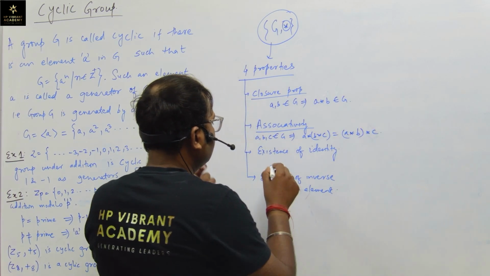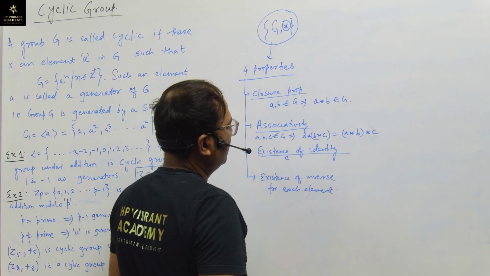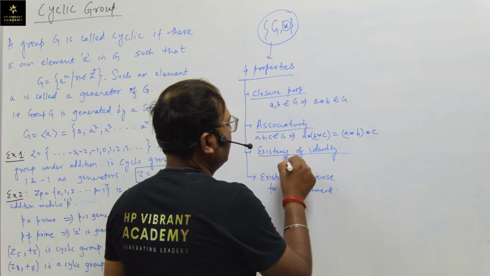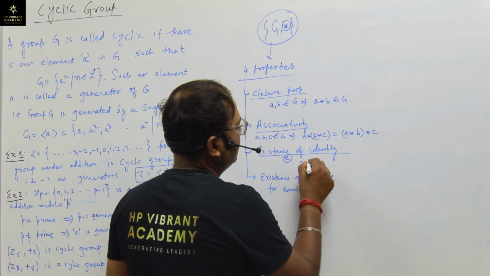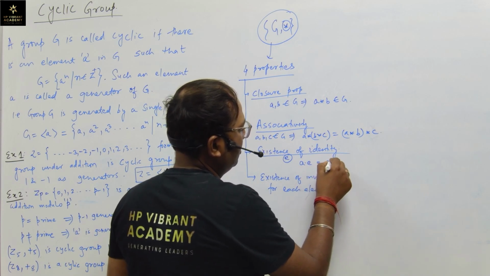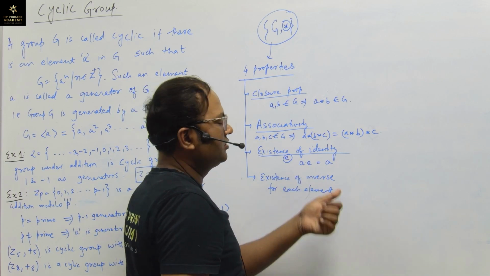Existence of identity element: let us take an identity element E. If we operate the identity with any element A, we get the same element A. On operating the identity with any element, it results in the same element.